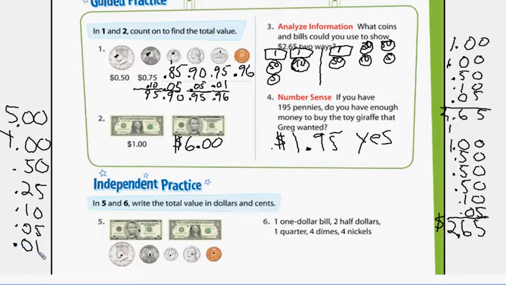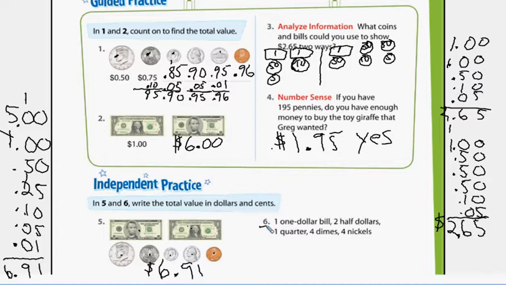Okay, add all that up. 5 plus 5 plus 1 is 11. Carry my 1. Okay, I have 1, 2, 5, and another 1. 5 and 2 is 7. That's 8, 9. So 9. Okay, and then 5 and 1 is 6. So that is $6.91.